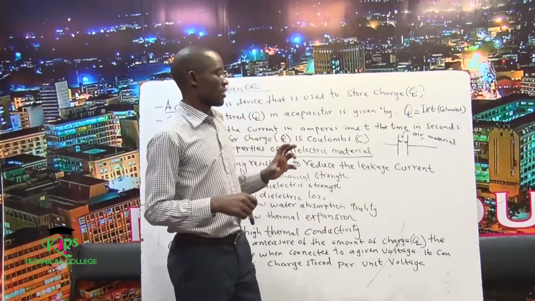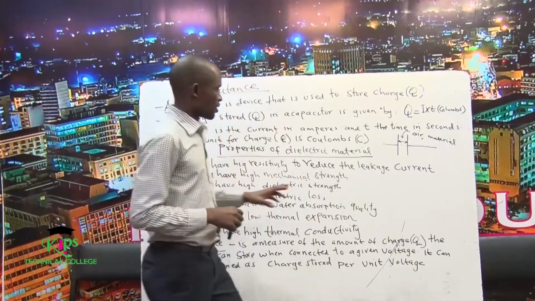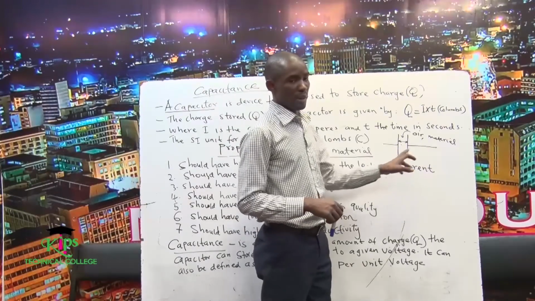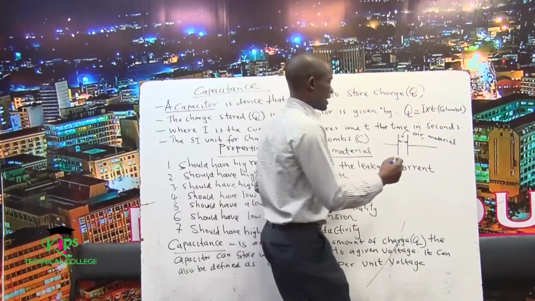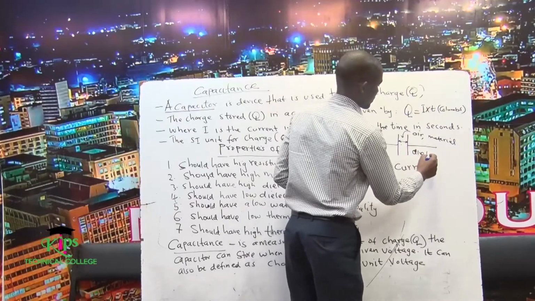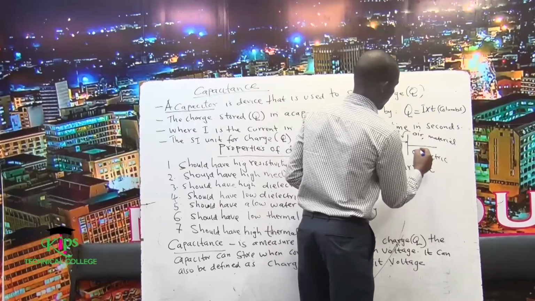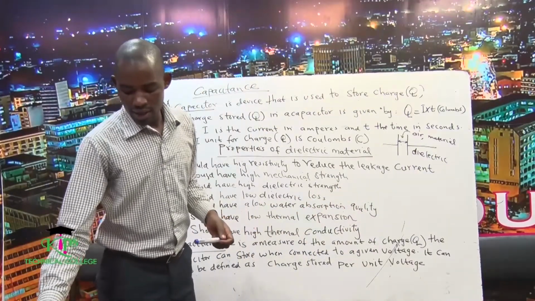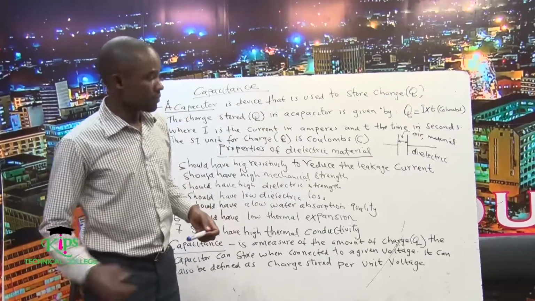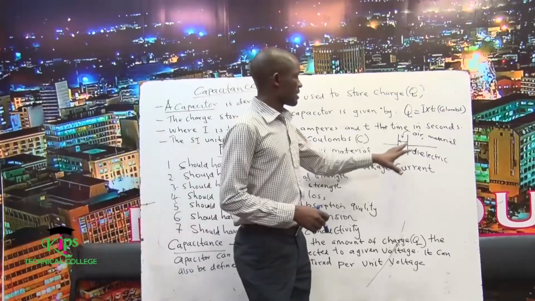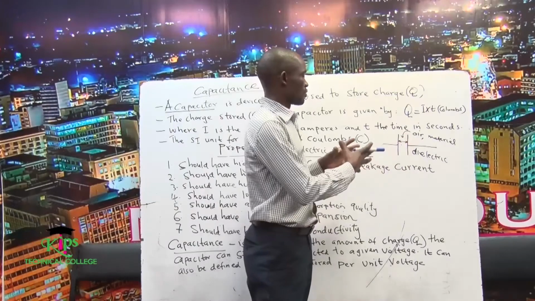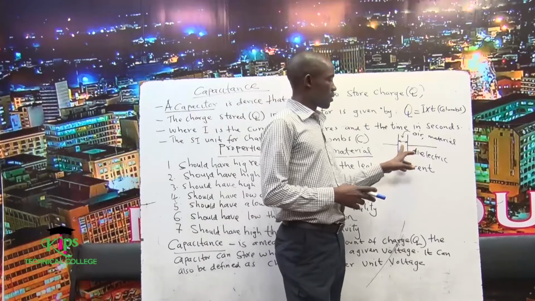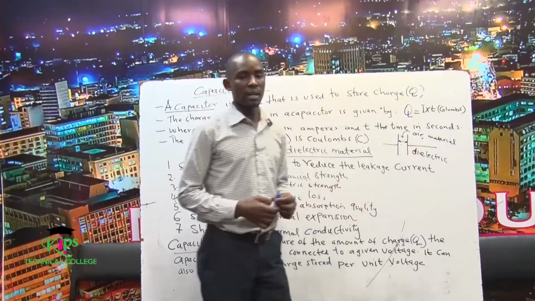When we talk about the dielectric, this material that is put between the two plates to form a capacitor is what we call a dielectric. So the dielectric is the material that has been put between the two plates to enhance the storage of charge in that particular device.